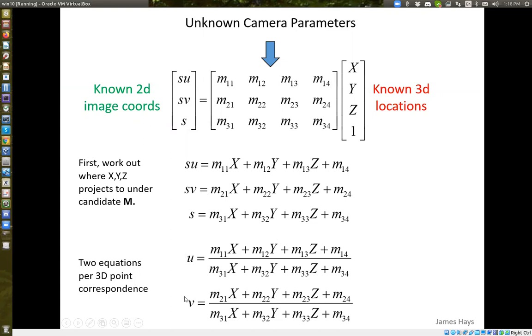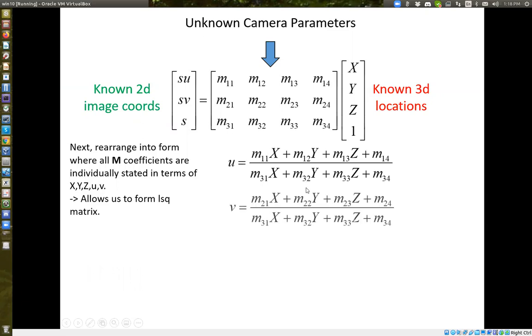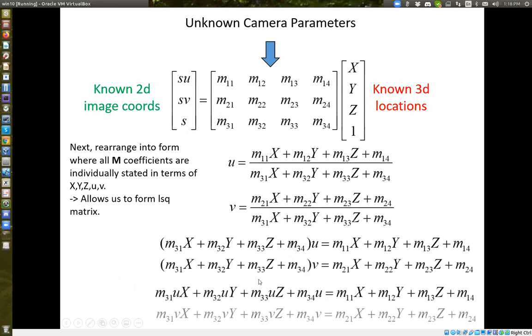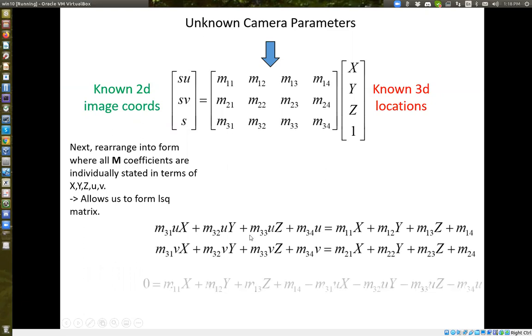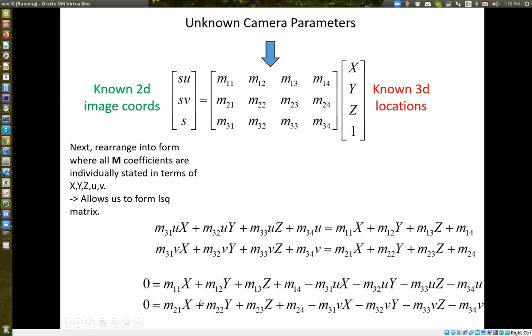Then we can rearrange the parameters, or the variables, on the other side here. Basically, we have something like this, right? And remember that the M entries are the variables, and X, Y, Z, and also U, V are given, right?